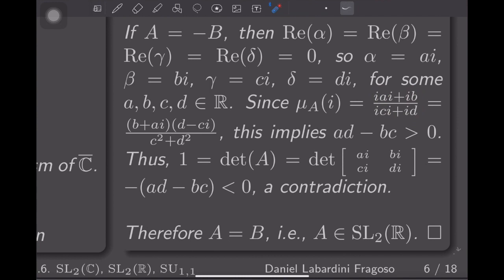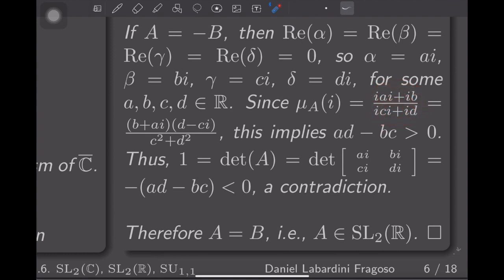Then I can factor one i and cancel it, and so I get Ai plus B divided by Ci plus D. Then I compute this quotient by, again, the trick of multiplying and dividing by the conjugate of the denominator.